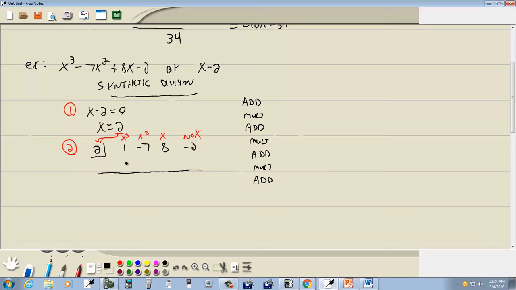We're going to add. 1 plus nothing is 1. Then we're going to multiply. You always multiply the number up in the box by the number you just put down here. So 2 times 1 is 2. Then we want to add. Negative 7 plus 2 is negative 5.